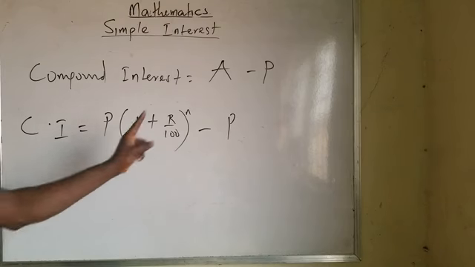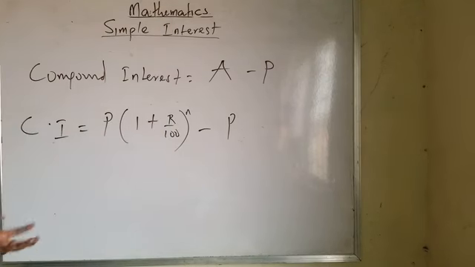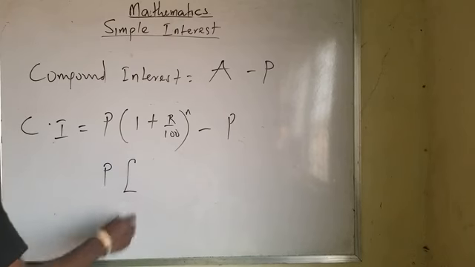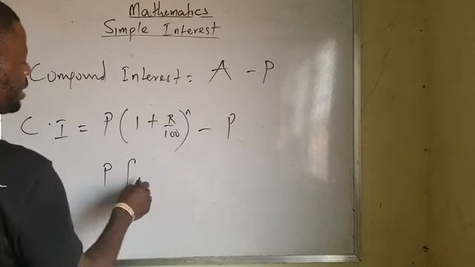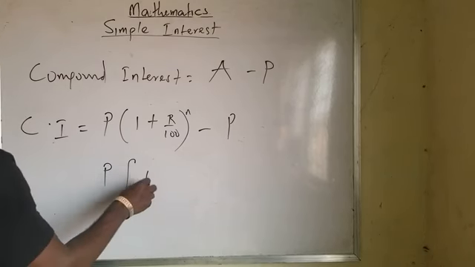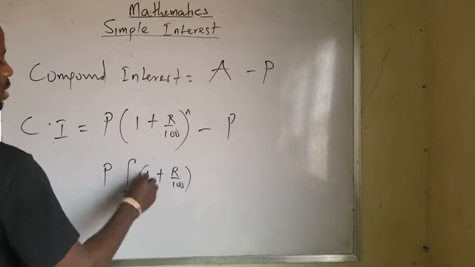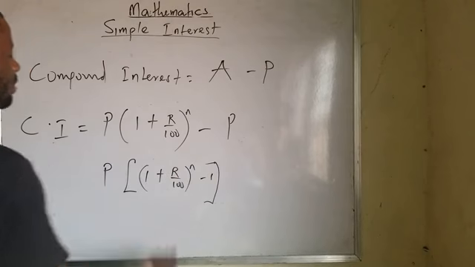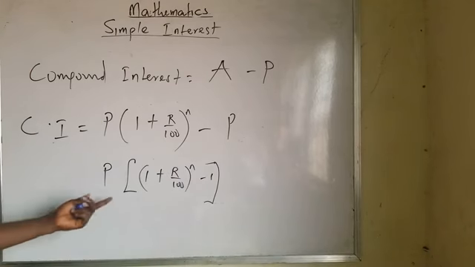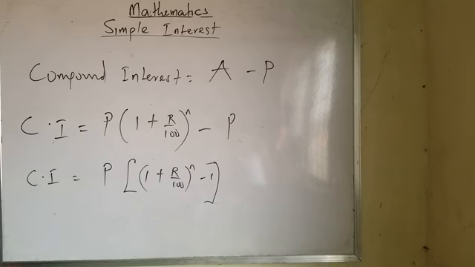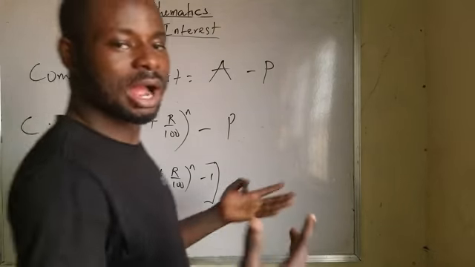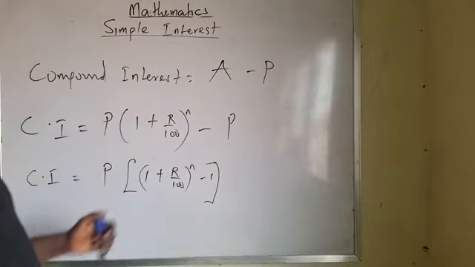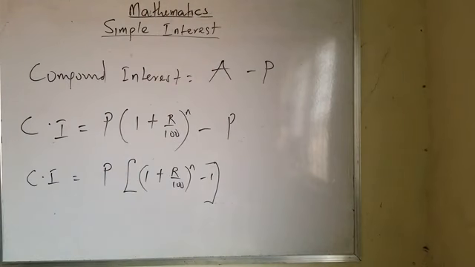I've told you n is the number of years, R is the rate, and this is the principal. Mathematically, I can also say that compound interest is principal times bracket of 1 plus R over 100 to the power of n minus 1, close bracket. It's the same thing. Take note of all this. With this, I've summarized the topic, which is compound interest.